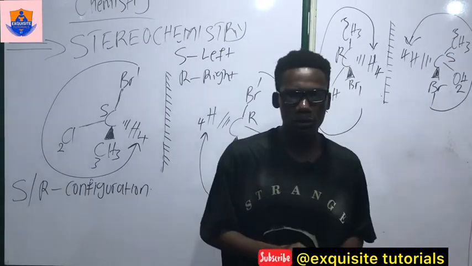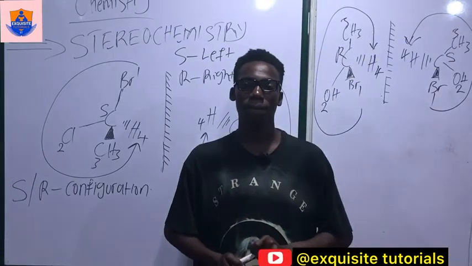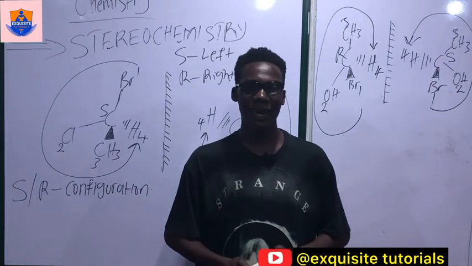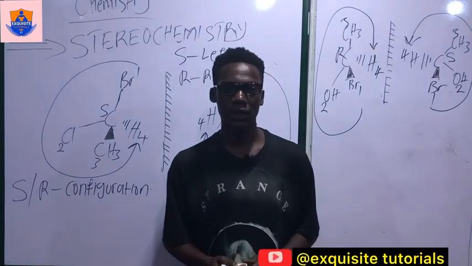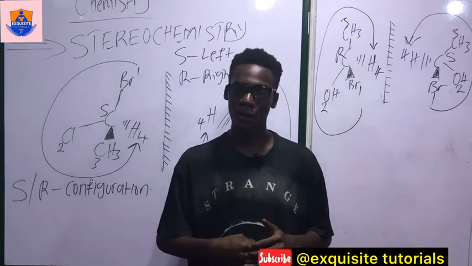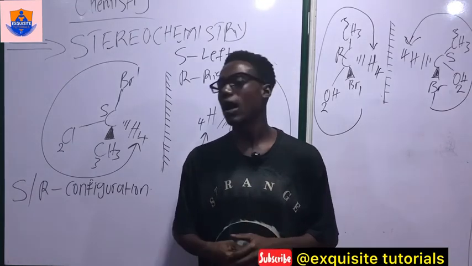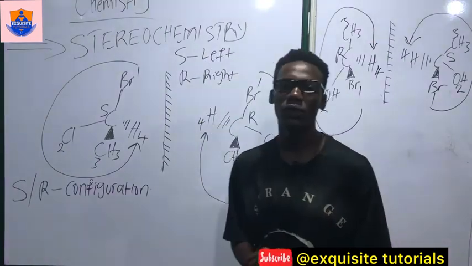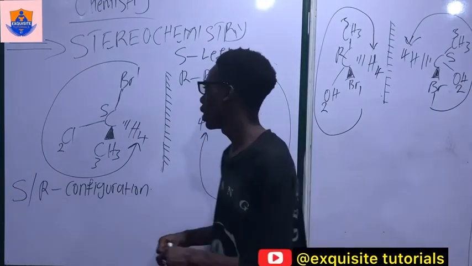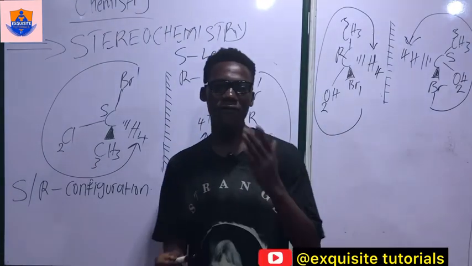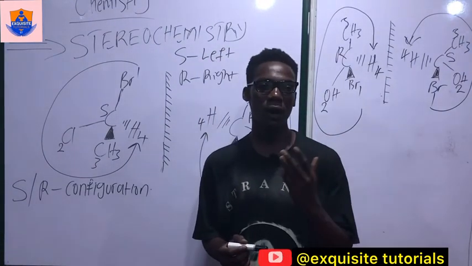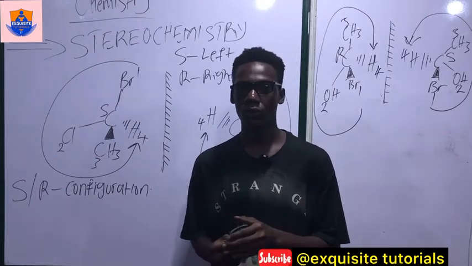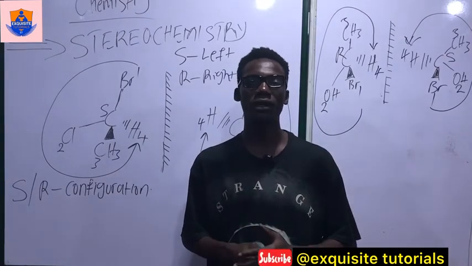Now we're going to be discussing chirality. Now, what is a chiral compound? A chiral compound, or carbon, is a carbon that contains four different groups on it. So if a carbon contains four different groups on it, it is said to be chiral.